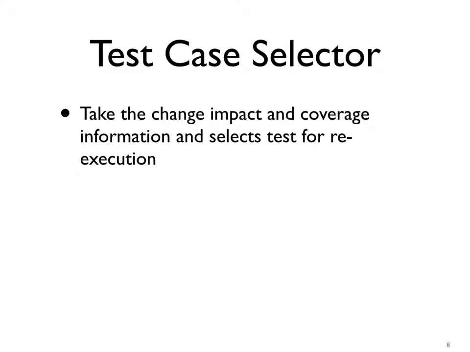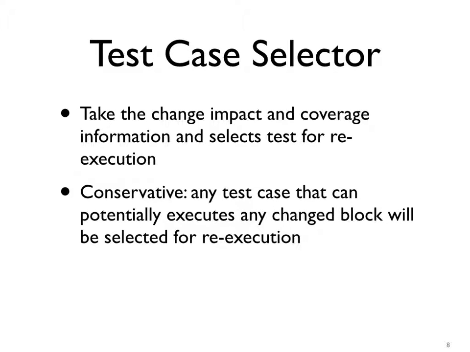Test case selector takes as input the change impact information from impact analyzer and the coverage information from coverage generator, and selects for execution the test cases that are affected by the changes. This selection is conservative since any test that can potentially execute any changed code block will be selected for execution.